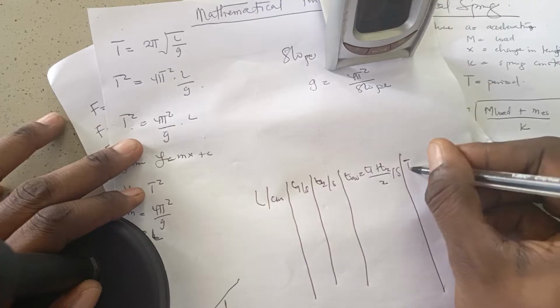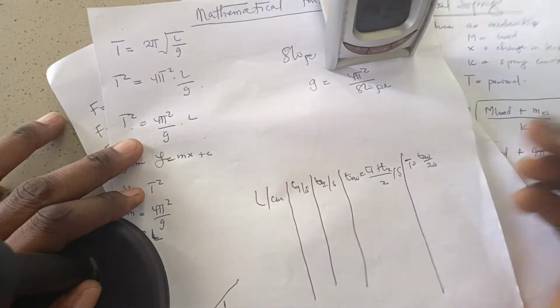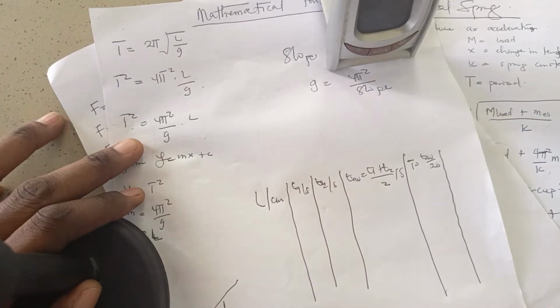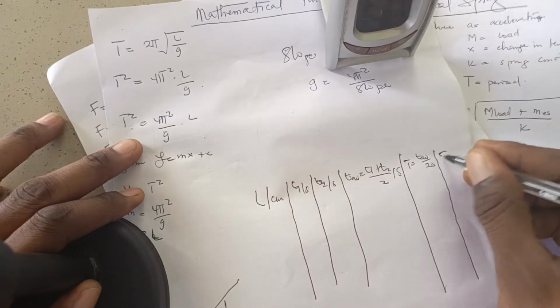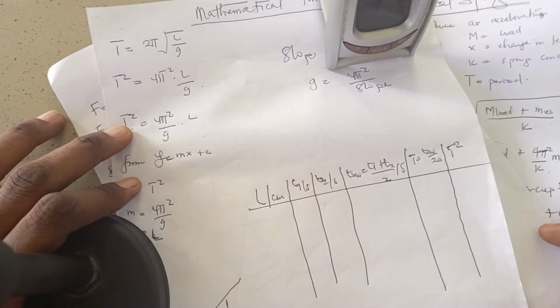And then we have big T equals the T average over 20 oscillations, because we are using 20 oscillations. Then the next thing should be T squared. Okay, so this is how our table will look.